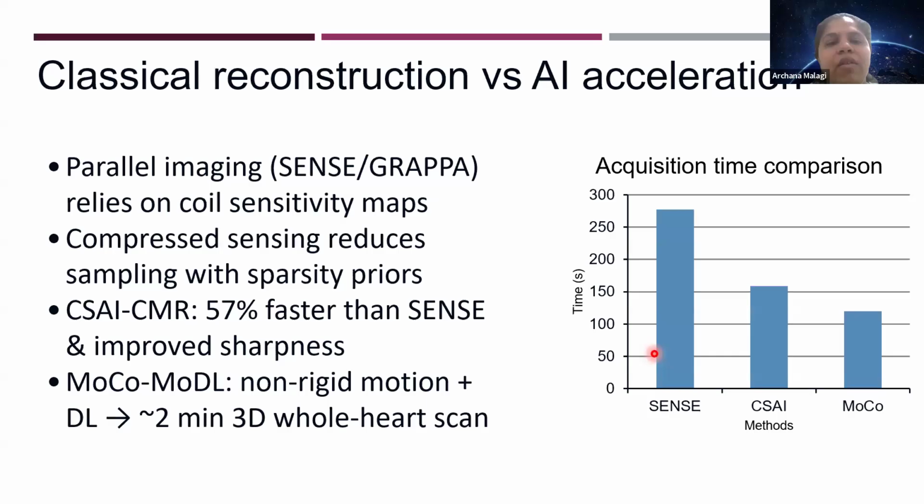And there are different ways that you can use AI. You can use AI plus compressed sensing. Compressed sensing is also one of the classical reconstruction methods. And if you integrate the AI, then it reduces the time by half, that is 150 seconds to get an image.